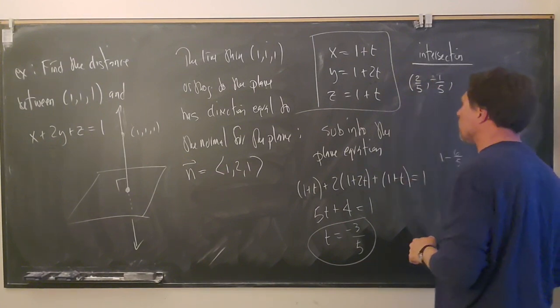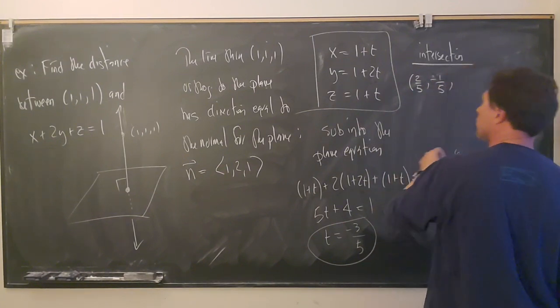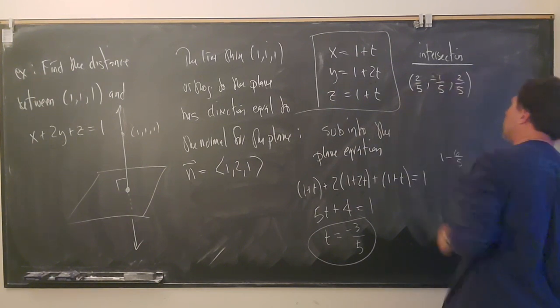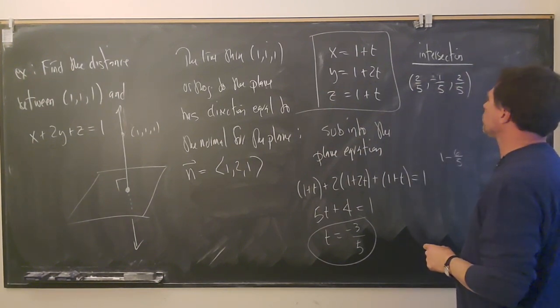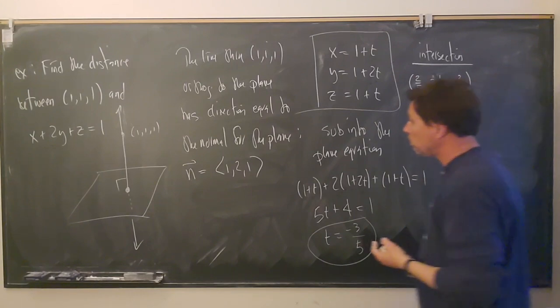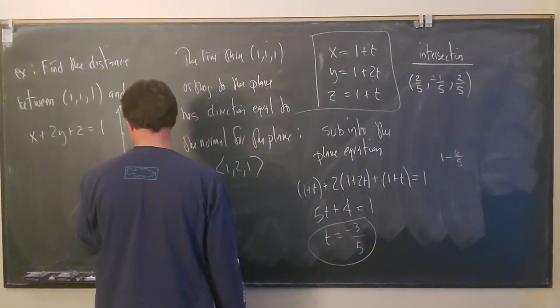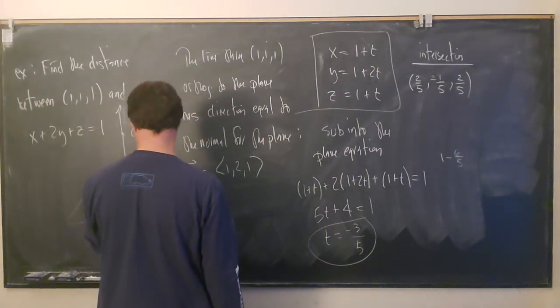And then another 2/5, right? 1 minus 3/5. Yeah. Okay, so the intersection occurs there. And so the distance, right? So this is my point, 2/5, comma, negative 1/5, comma, 2/5.